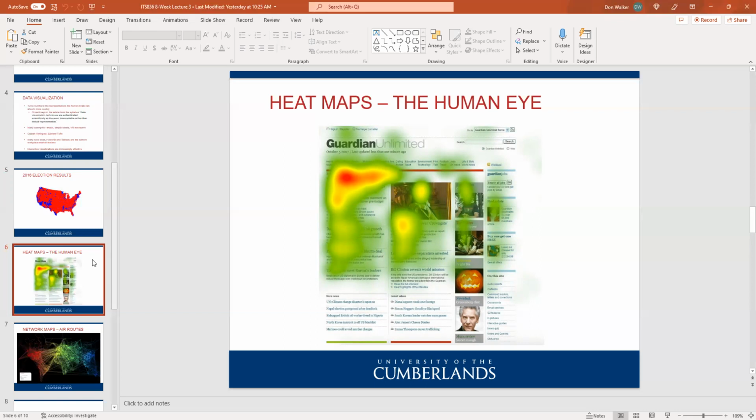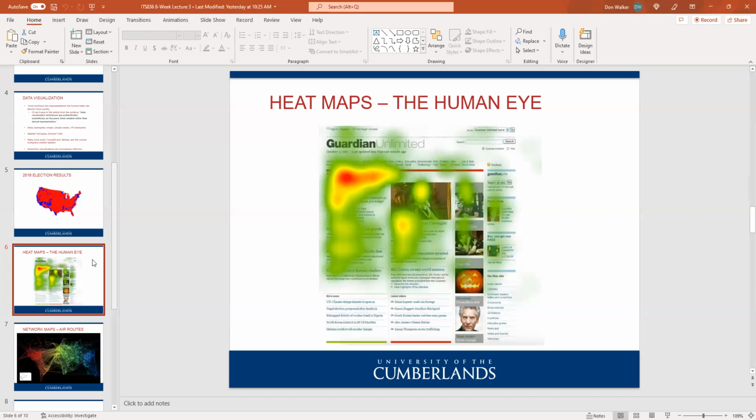So you'd have to disregard that for, I don't know, most of the world reads right to left. Anyway, the heat map for this in the Guardian's United Kingdom kind of proves that the human eye starts at the upper left-hand corner, like a book. But then certain things draw the eye, generally images. If you look at the images towards the top of the page, they've got a green splotch on them.